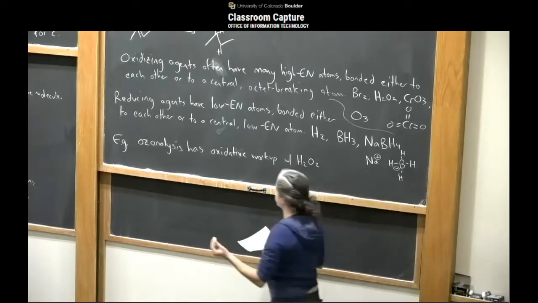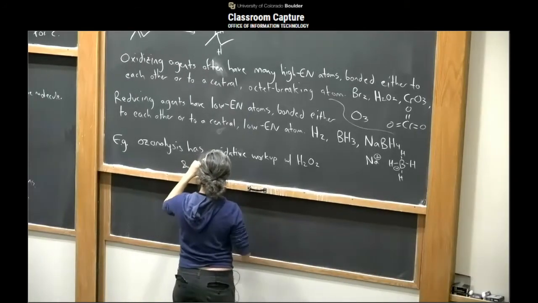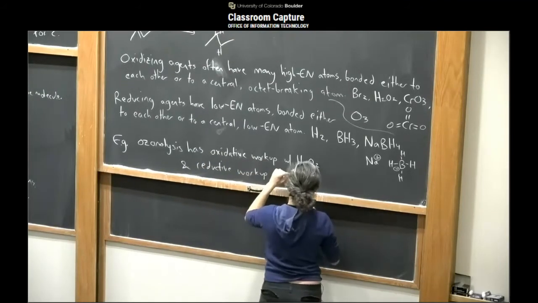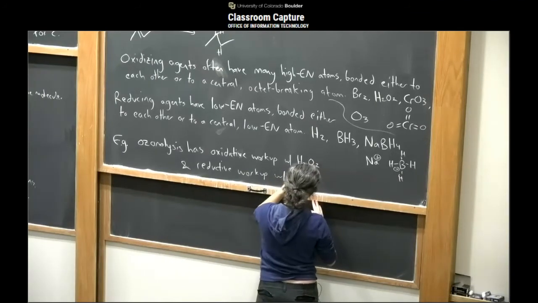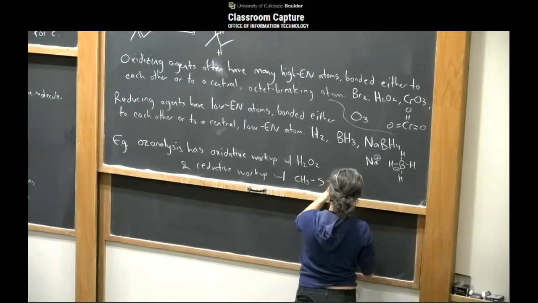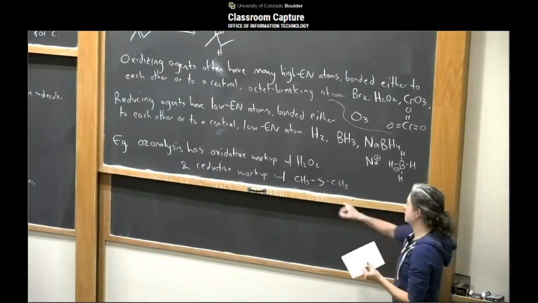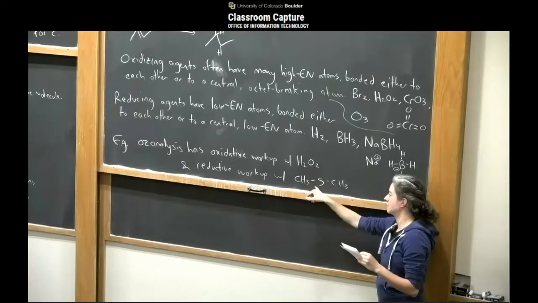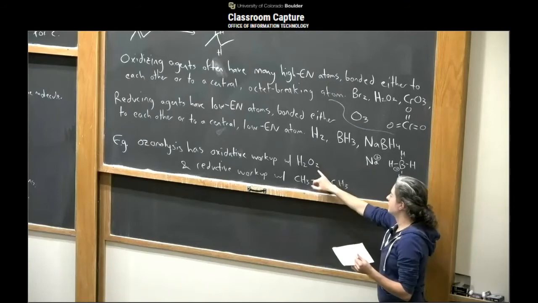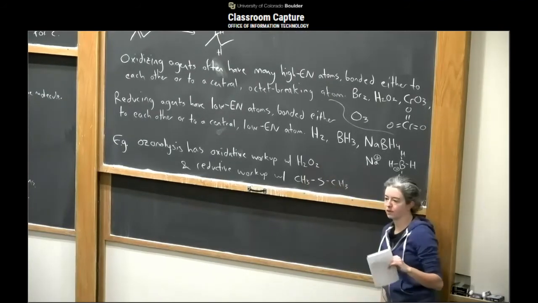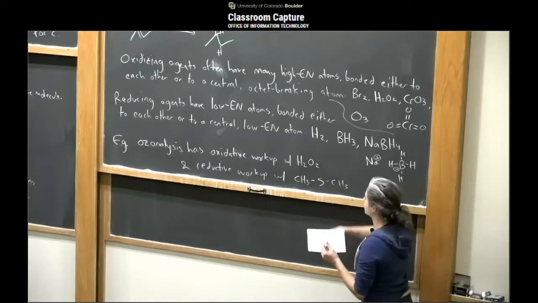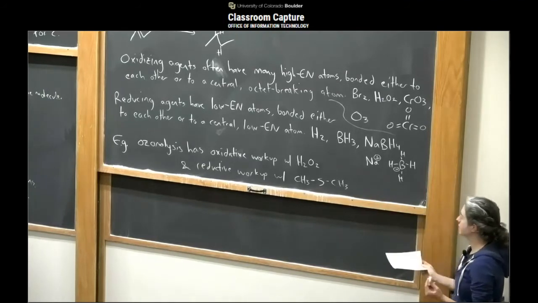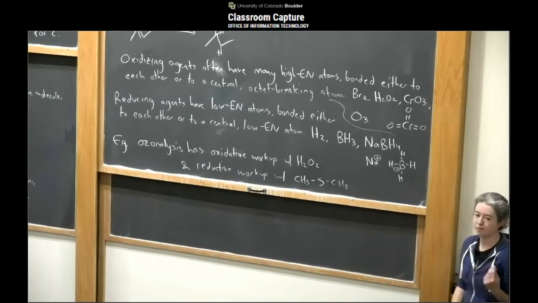Or it has the reductive workup, with DMS, which looks like this. So this is less oxidizing than hydrogen peroxide. And the whole reaction is still oxidizing overall because of the ozone, but this one doesn't actually add extra oxygens on there. It doesn't oxidize further like hydrogen peroxide does. Okay, so questions about this kind of review in light of what we now know about oxidations?